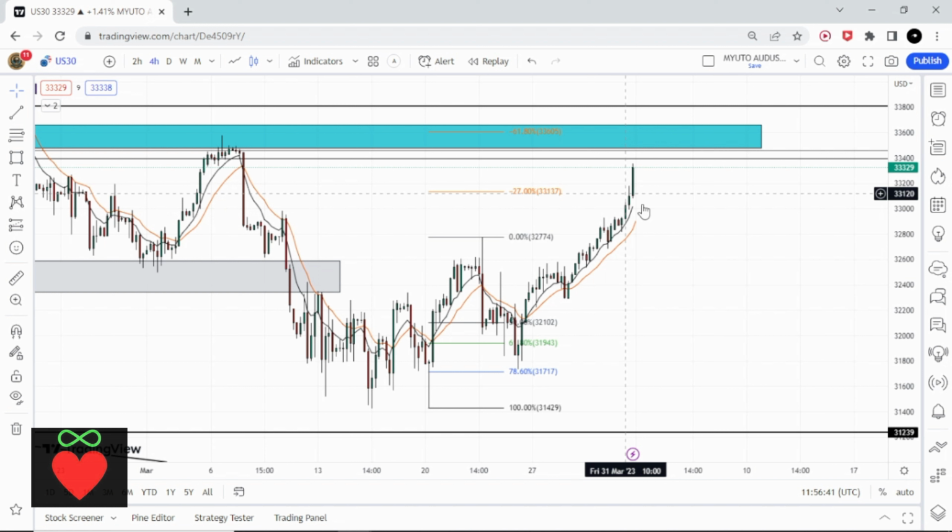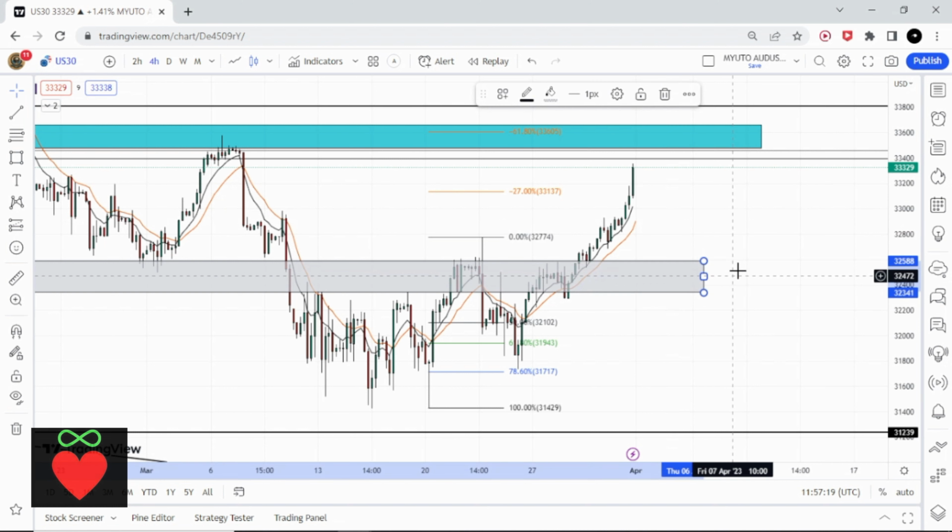we have to sit on our hands. You take your profits and you allow price to start retracing so that you may take another trade. So right now I advise you take out your profits and allow price to retrace. So if price was to retrace, we may come to find support at this level here.